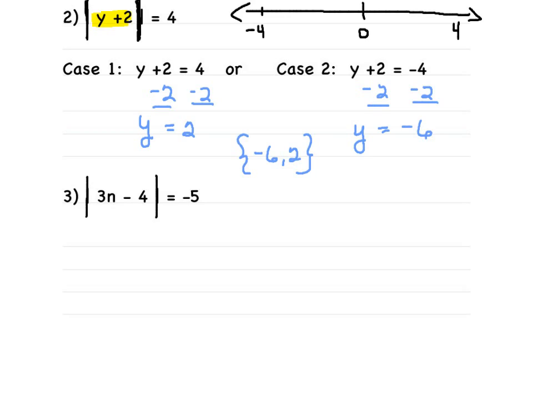Well, you can't measure distance in negative numbers, so automatically I know this problem has no solution. The absolute value of an expression, of a variable, or of a number cannot be negative.